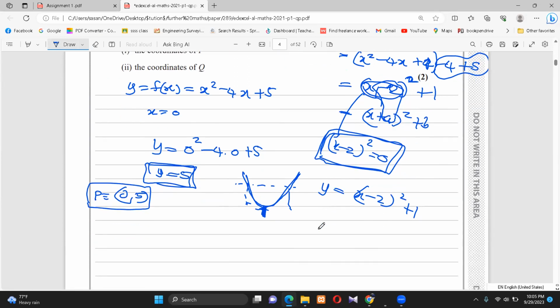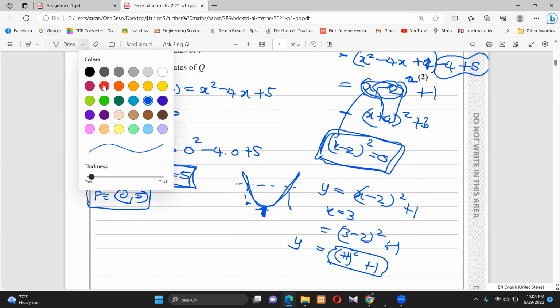For example, I ask you to substitute x equals 3. What happens? 3 minus 2 is 1. This is just 1 squared plus 1, right? No need to simplify this. You can keep it there.